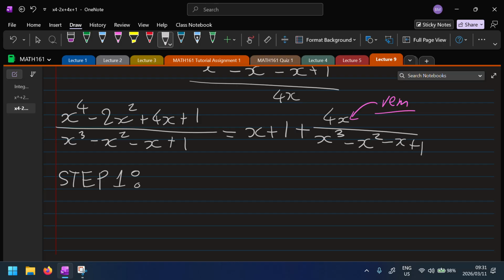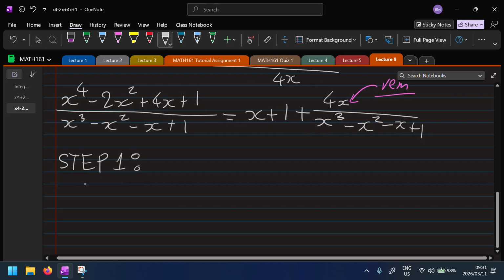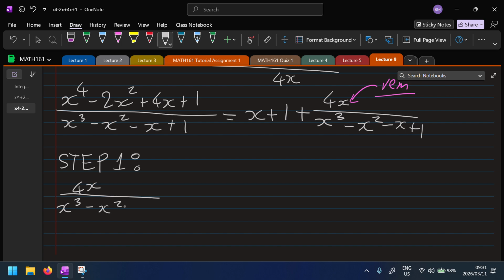Depending on how we factor it, it's either case 1, case 2, or case 3. And remember right at the beginning when I said this is a very long process, this is what I mean. Each step is quite a bit of work to do.